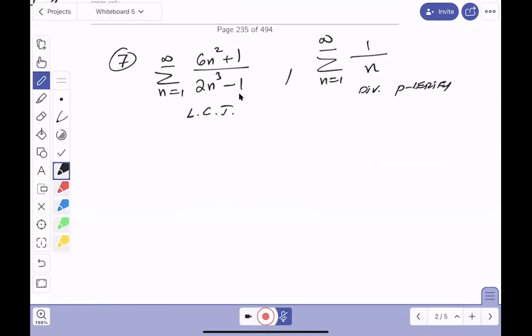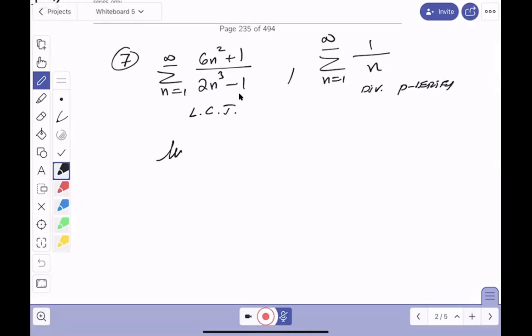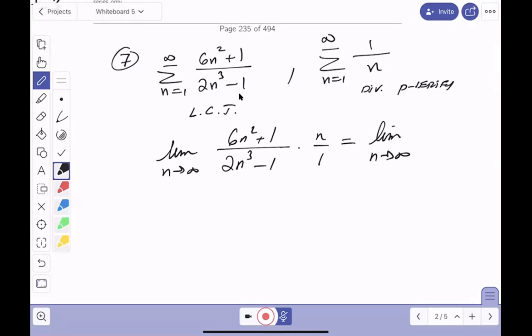All right. Let's take a look at this. Limit as n goes to infinity of (6n squared plus 1) over (2n cubed minus 1), times, well, I'm dividing by 1 over n, so it's times n over 1. Let's go through this. Again, for the students that do this quickly, that's fine. I just want to accommodate everyone.